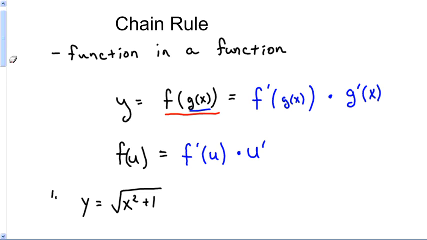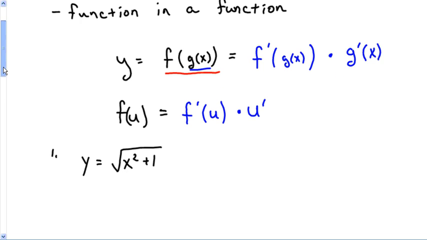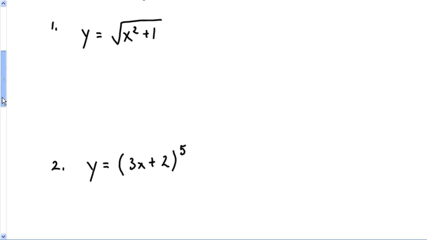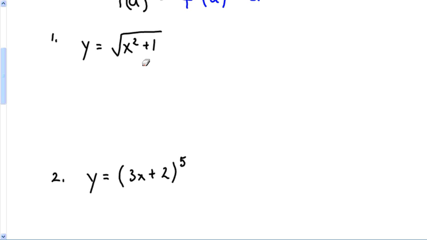Let's go ahead and just do some examples. In calculus, that's the best thing you can do. You can write equations all day long. Now, I've got my first example here. This radical of x squared plus 1, if you've done any derivatives so far, could be a little confusing.